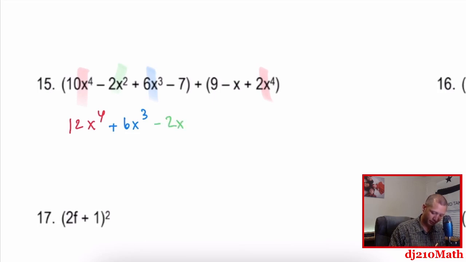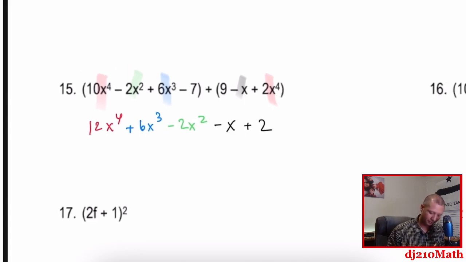Negative 2x squared. What's left? Minus x, that's the single x term. And then the constant. Negative 7 plus 9, positive 2. Okay.